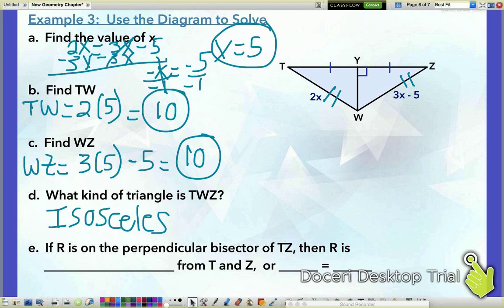Okay, now I know this may sound confusing because you don't have an R, okay, but what they're saying is if for some reason there was an R here on the perpendicular bisector, okay, then what is its relationship from T and Z?